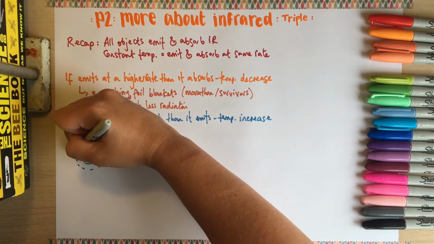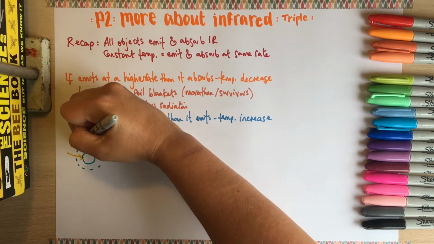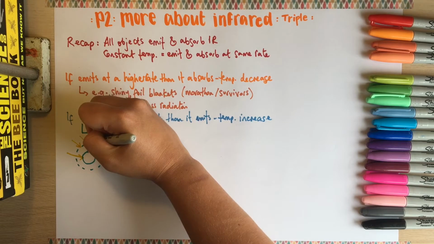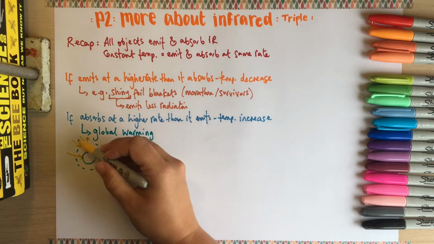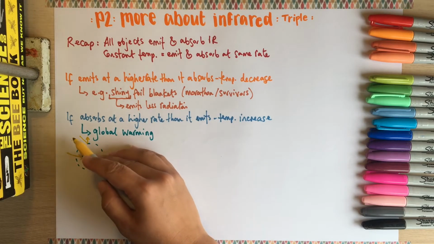Some of that radiation is going to be absorbed straight by the Earth. Some of it is going to be absorbed by the atmosphere. Some of it is going to be reflected off the atmosphere. So not all of it is going to be absorbed or transmitted. Some of it will be reflected as well. So that's coming into the Earth.